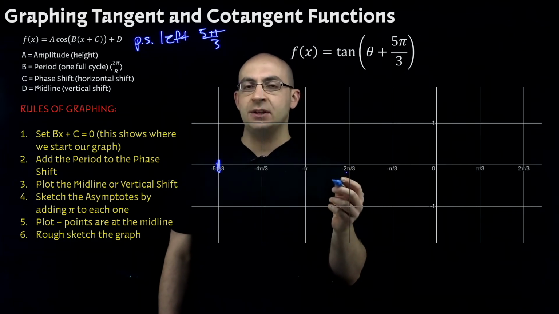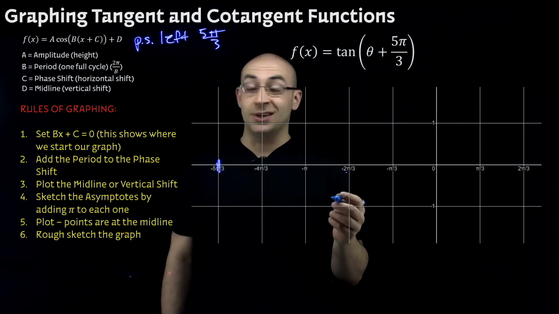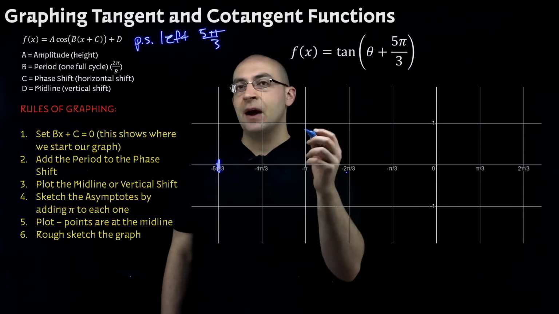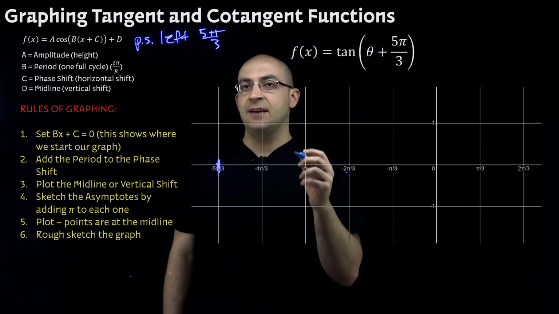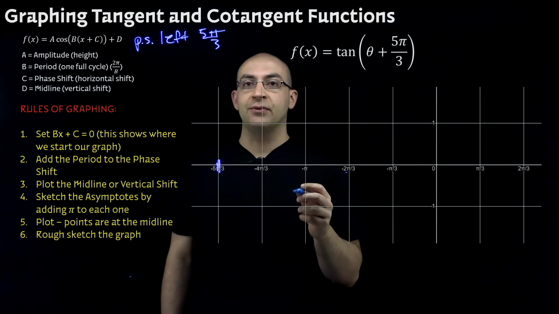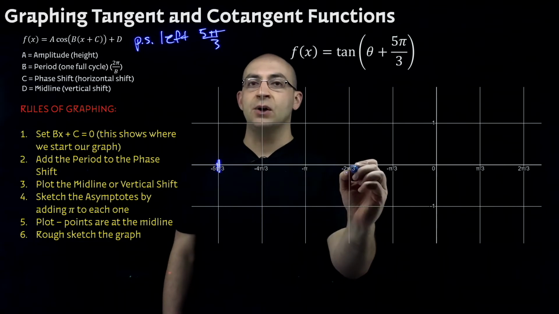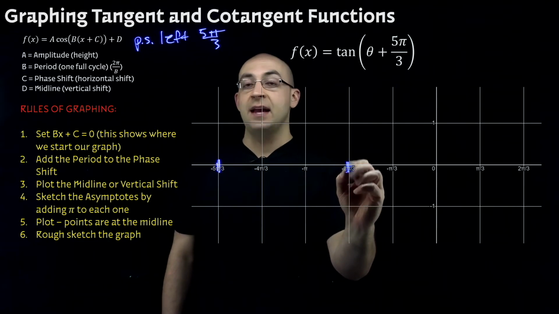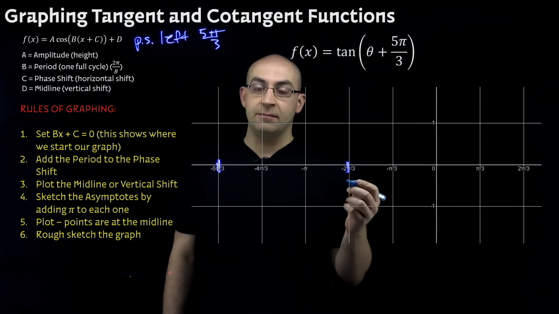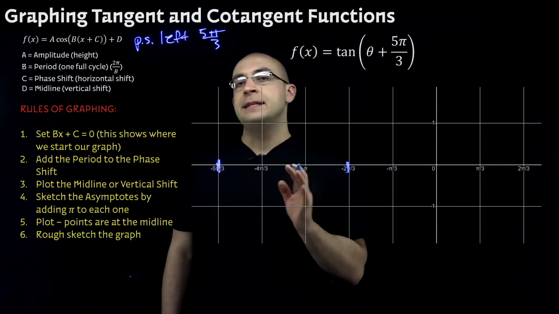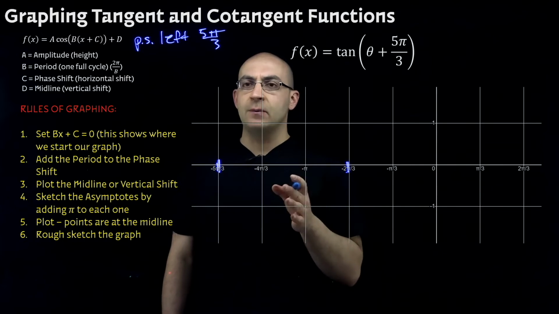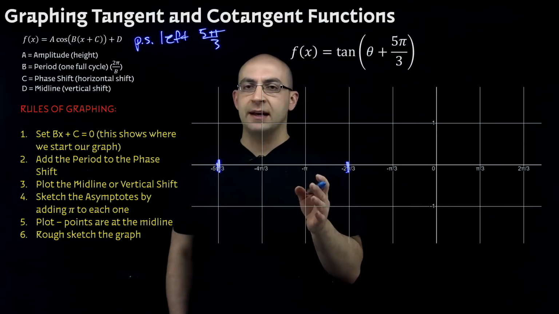Remember about tangent and cotangent, the period is just pi. So if I were to add pi to negative 5 pi over 3, I'm going to get negative 2 pi over 3. That is going to be the end of the period, and that is going to be the remaining piece that I need here. Now, let's plot some points, and then we can use the asymptote, just so we can get an idea.